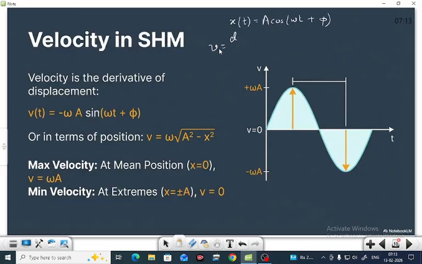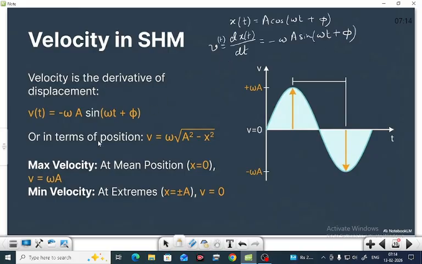Velocity is also a function of time, so velocity equal to dx by dt. If we differentiate this equation, cosine changes to minus sine: minus omega a sin(omega t plus phi). This is the velocity.